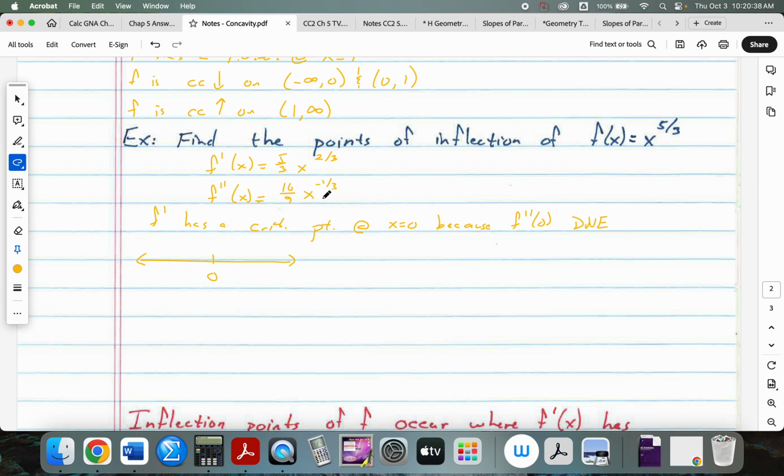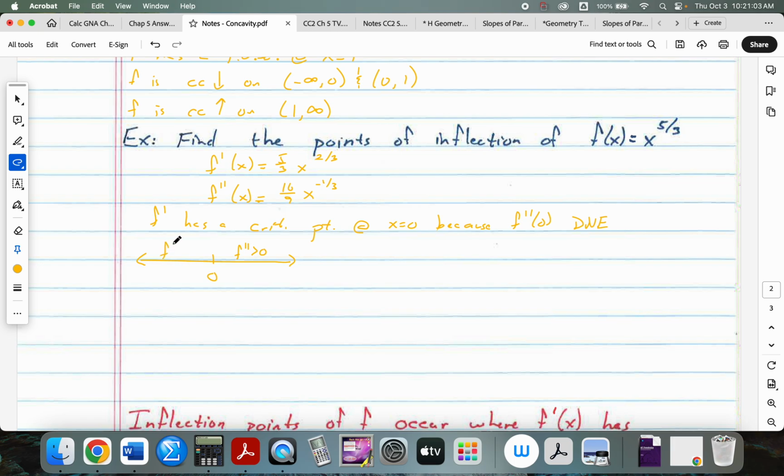Well, if I put a positive number into 10/9 x to the 1/3 power, I get that f double prime is positive. And if I substitute in a negative number, you take the cube root of a negative number, what kind of a number do you get? A negative.